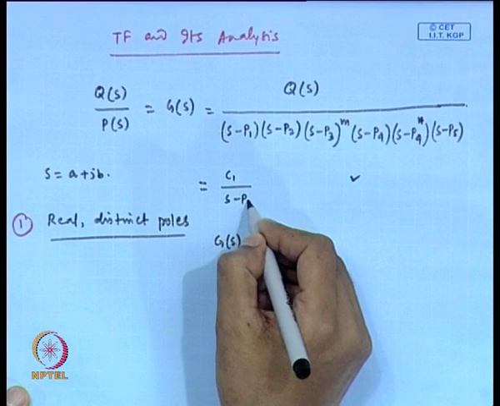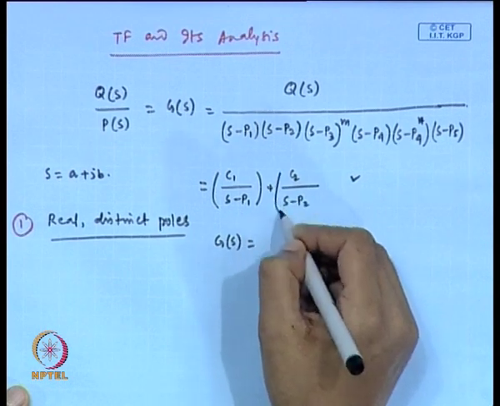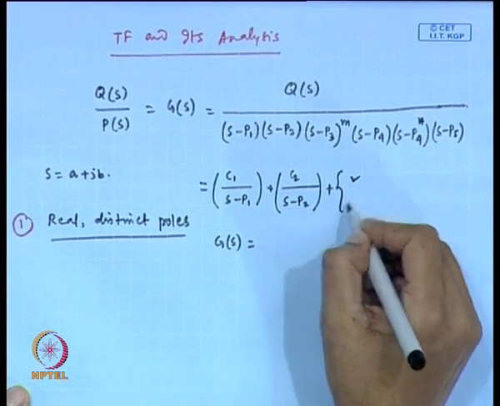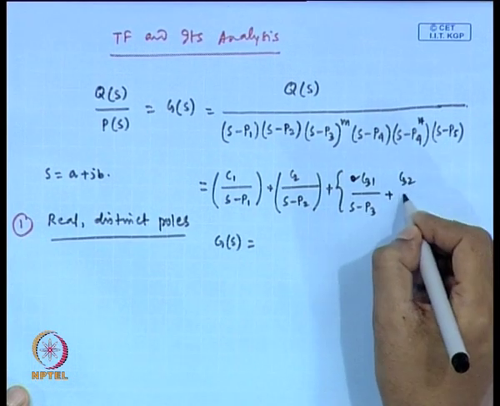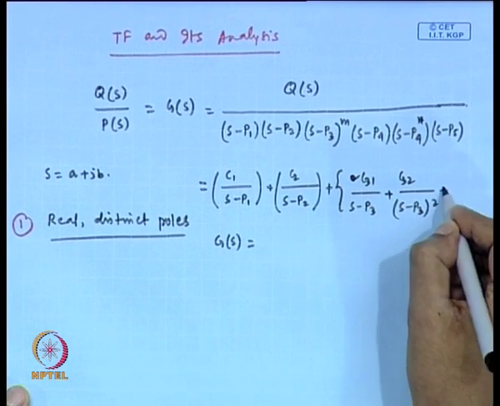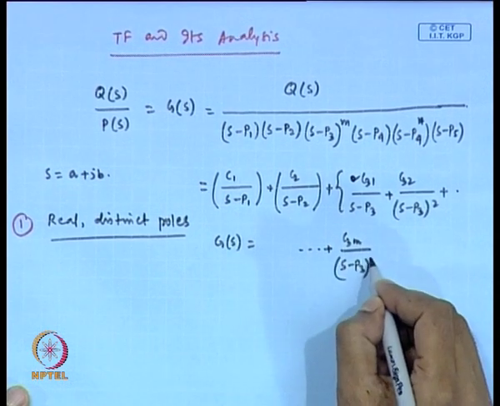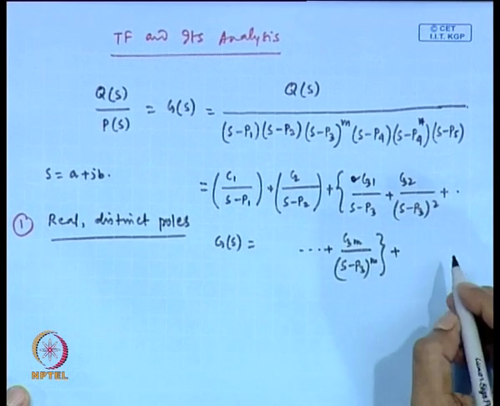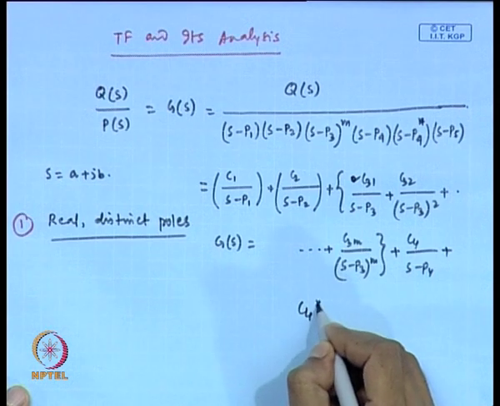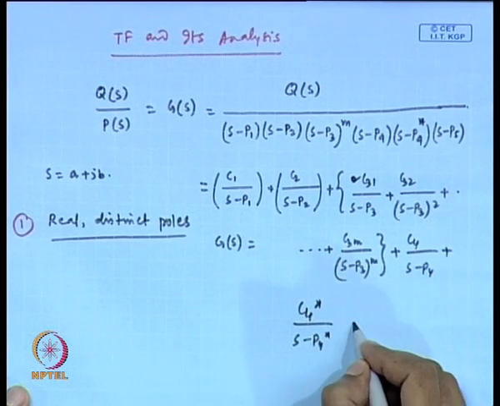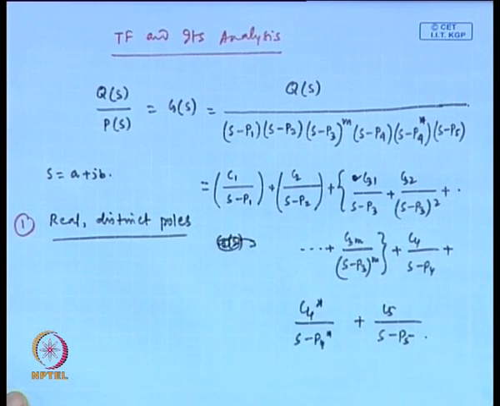C_1 over (s minus p_1) plus C_2 over (s minus p_2) plus C_31 over (s minus p_3) plus C_32 over (s minus p_3) whole square, like this way, C_3m over (s minus p_3) whole to the power m plus C_4 over (s minus p_4) plus C_4 star over (s minus p_4 star) plus C_5 divided by (s minus p_5). Fine.